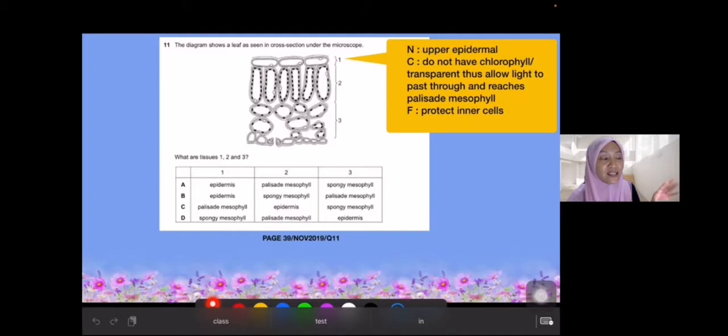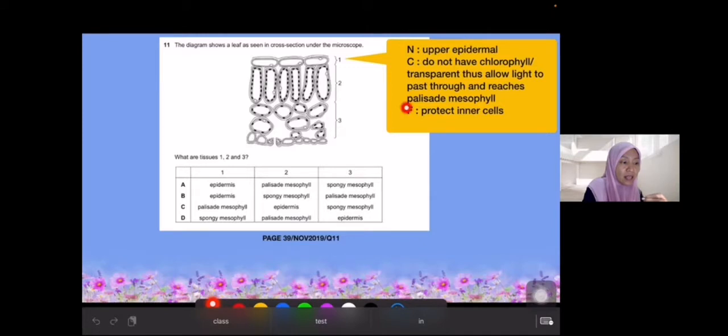So as you can see, contoh yang I show here, the first layer tu is the upper epidermis. Okay, name, N is for name. Kalau nak buat nota untuk biologi, sama je, guna kaedah yang sama.